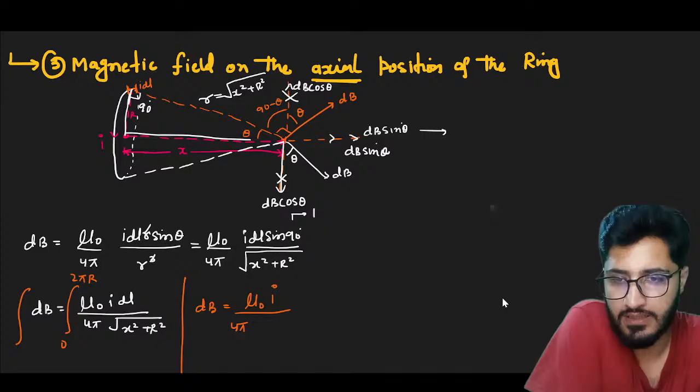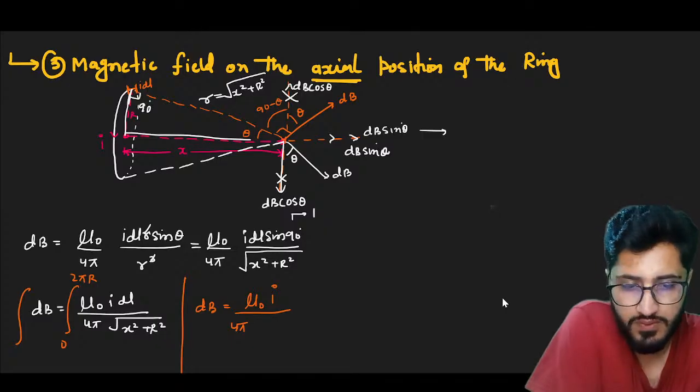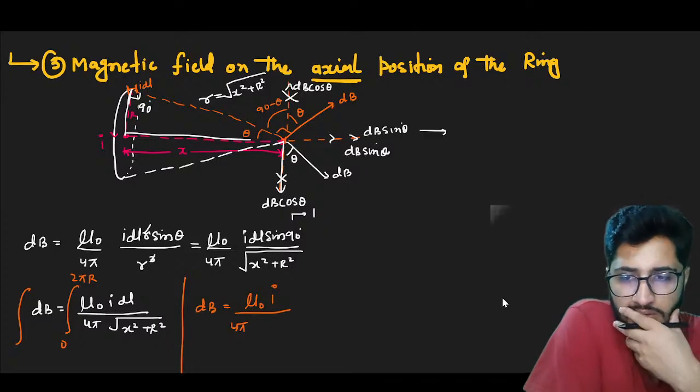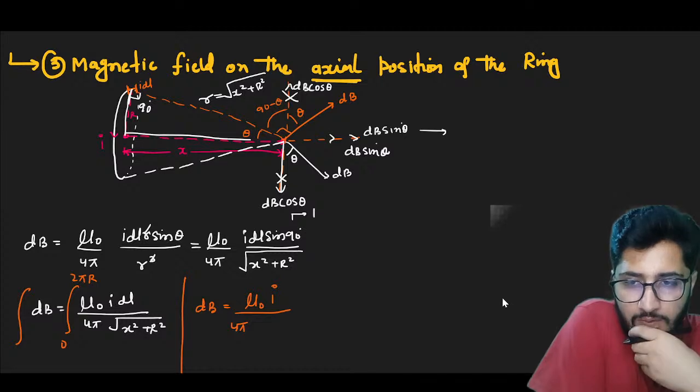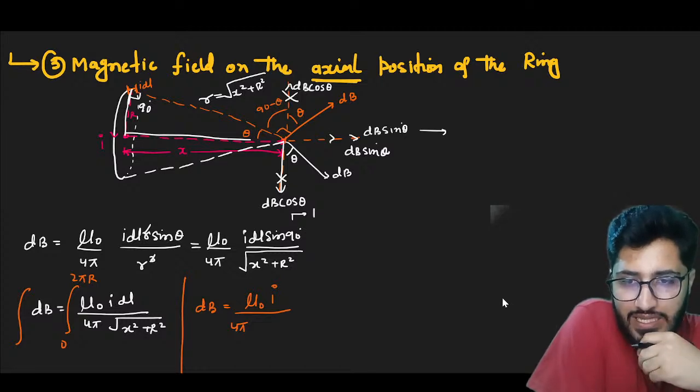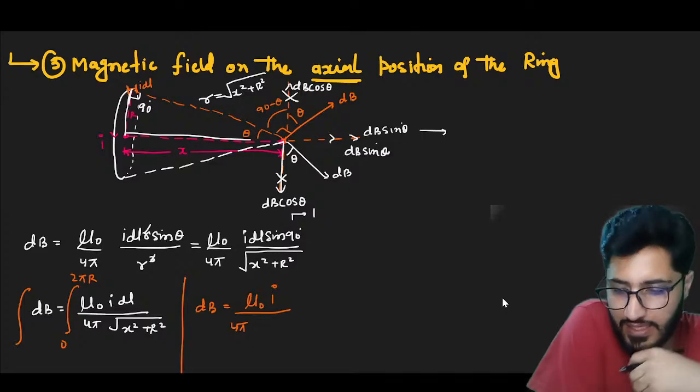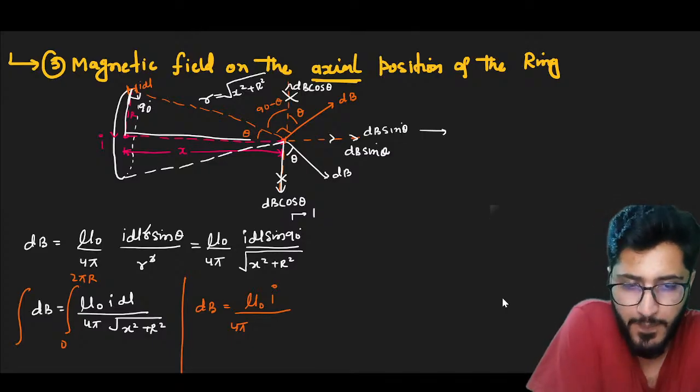IDL, r cube, r square is r cube. Where are we just messing this up? Any idea from your end?